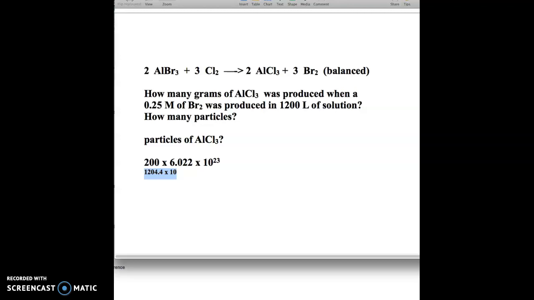Sorry, I'm going slow here. I'm trying to hurry so I won't run out of time. My video's time is about up. So to fix the 10 to the 23rd, you have to move the decimal point over 3 spaces: 1.204 times 10 to the 26th particles.